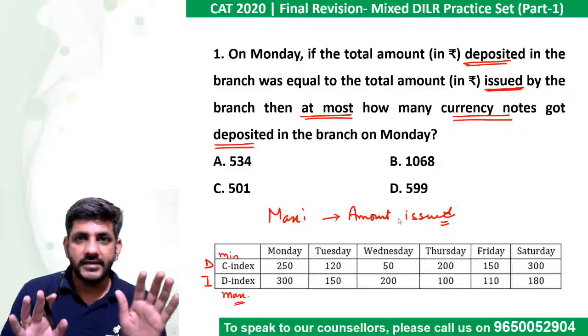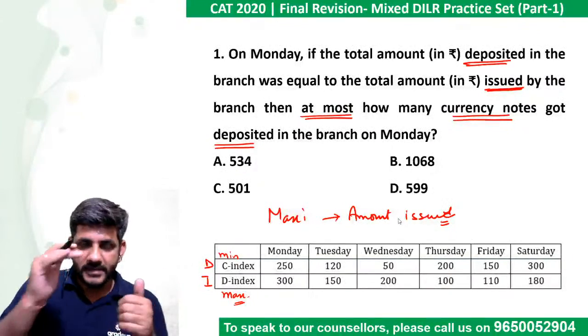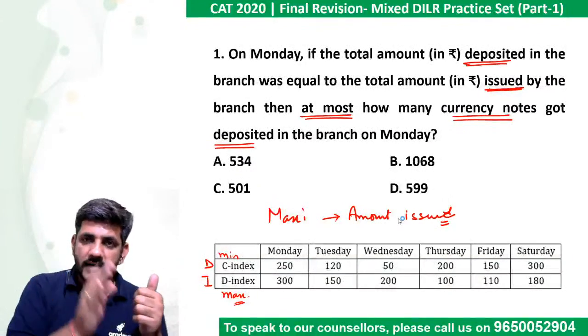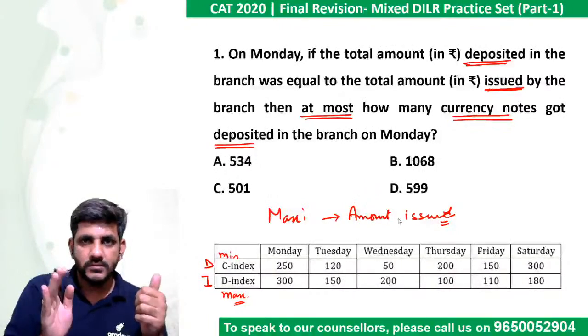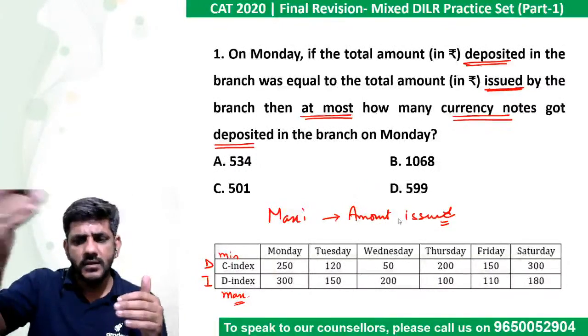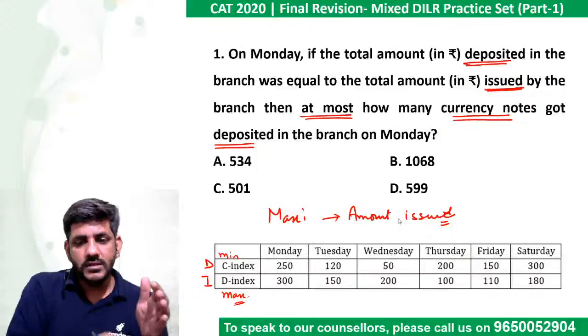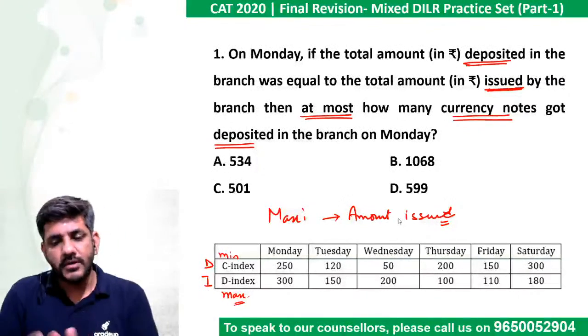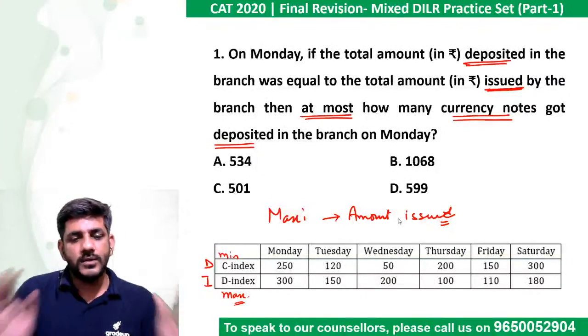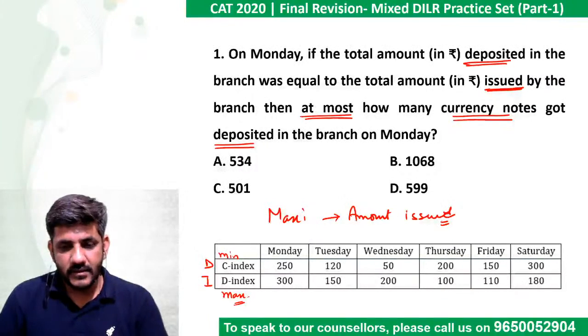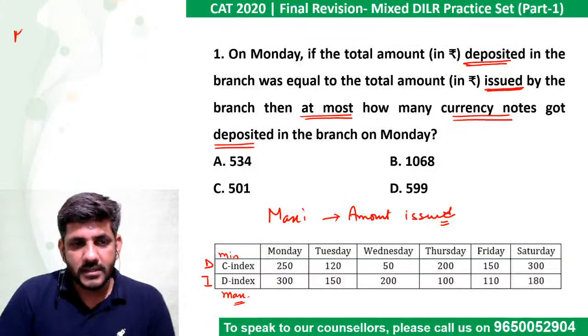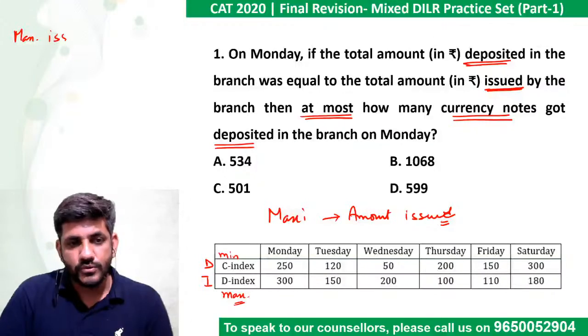I hope this is clear. To maximize the number of currency notes, I have to maximize the amount. The more amount, the more notes. And to maximize the amount, I need to maximize the amount issued, because issued amount is equal to deposited amount, right? So let's first figure out what is the maximum amount issued.